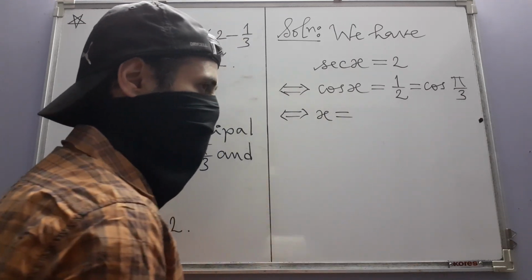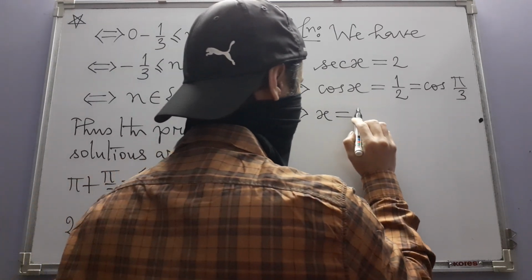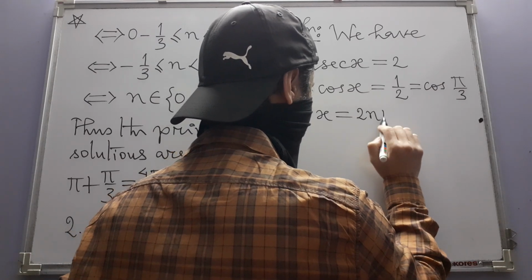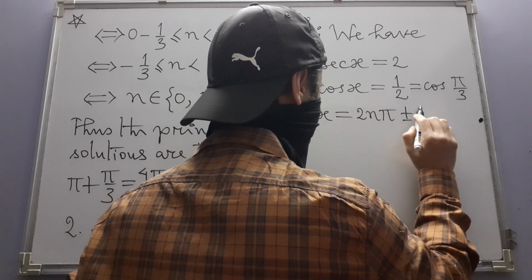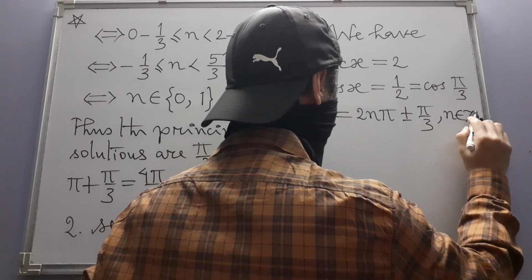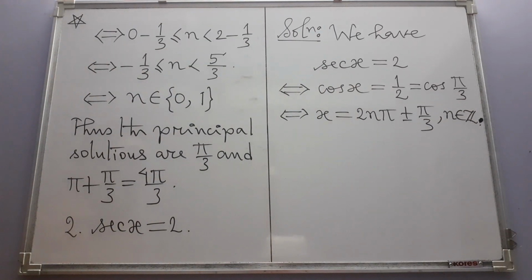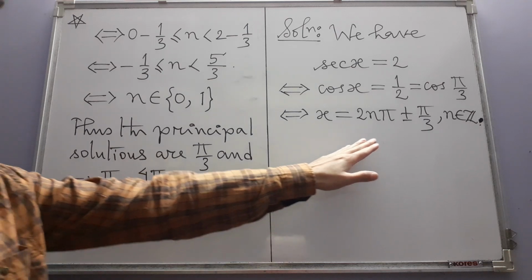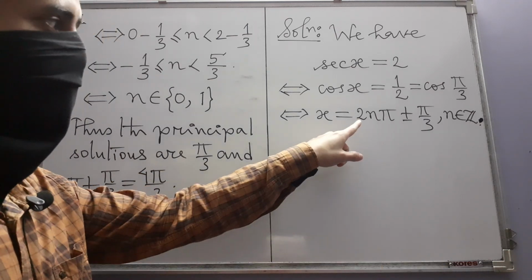recall the general solution for this type of equations: 2n pi plus or minus pi over 3, where n is an integer. So here actually there are two types of solutions.